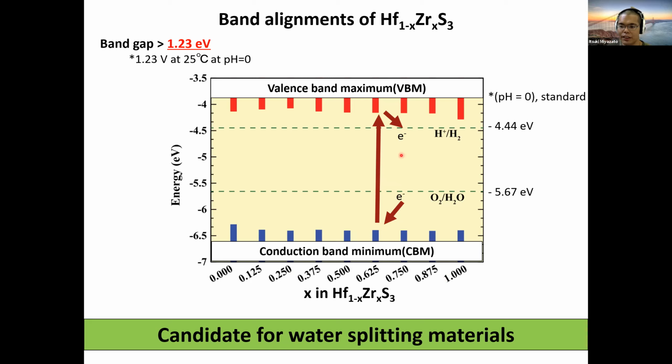As shown in this image, the standard reduction and oxidation potentials for proton H2 and oxygen water are minus 4.44 electron volts and minus 5.60 electron volts. You can see that all zirconium-doped HfS3 satisfy this: the evaluated CBM and VBM potentials are suitable for water splitting. So zirconium-doped HfS3 can be a candidate for water splitting materials.